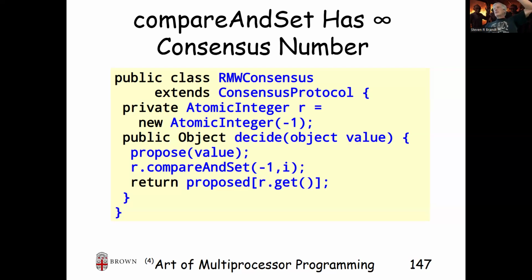It can read and write, but it can only read or write. The Turing machine description doesn't have a read, modify, write concept in it, and so the Turing machine can't really solve consensus. You need this one augmentation to the Turing machine to solve consensus. So that's kind of an interesting thing about parallelism.